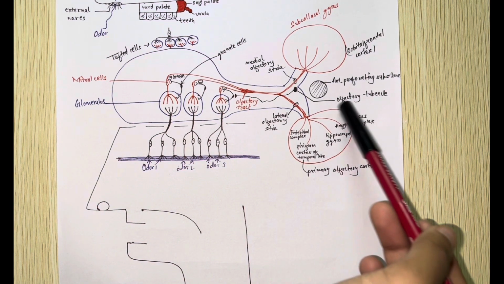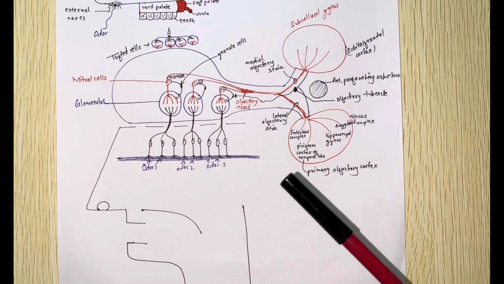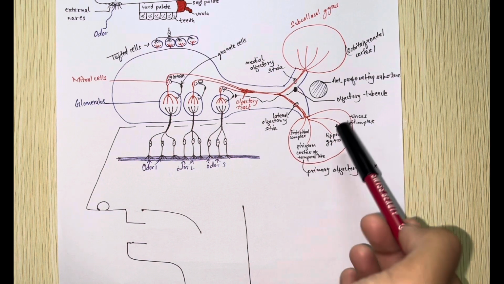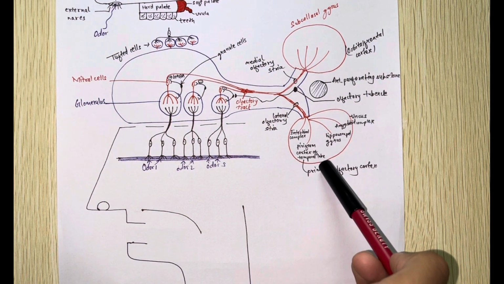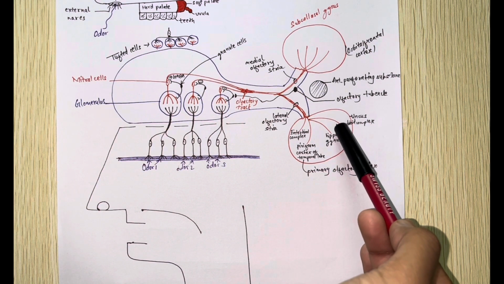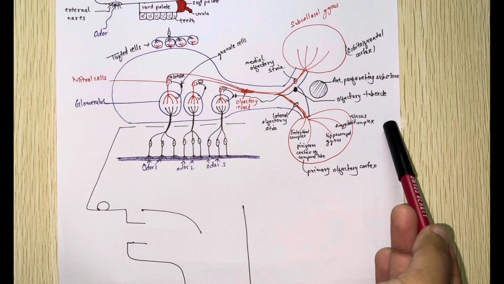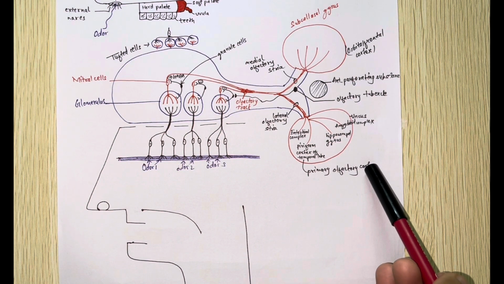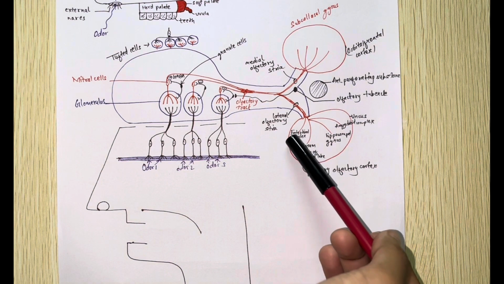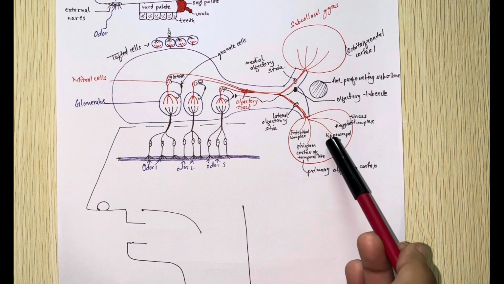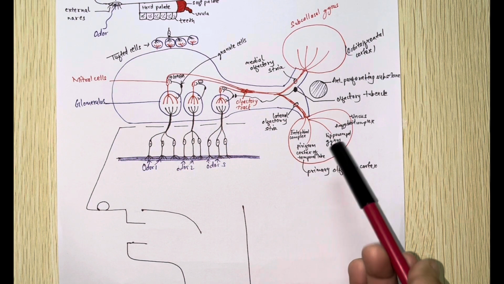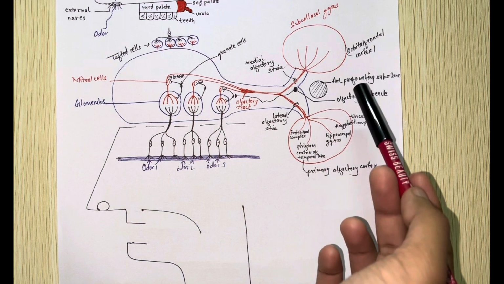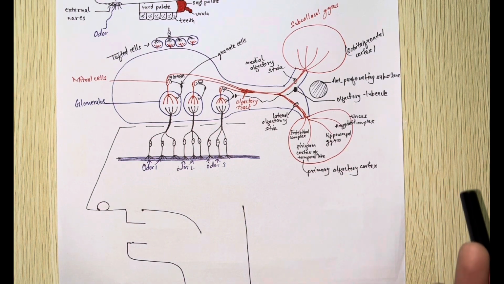And deep to the temporal lobe lies a structure known as uncus, which supplies different structures such as piriform cortex of the temporal lobe, and then periamygdaloid structure, which form the primary olfactory cortex, and also entorhinal complex and hippocampal gyrus, which form the secondary olfactory cortex. And these are responsible for the olfactory sensations.